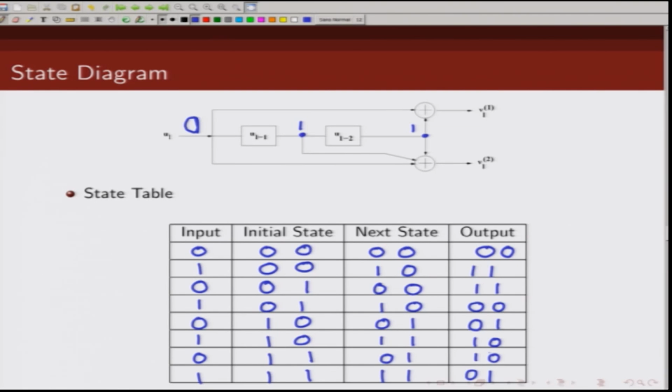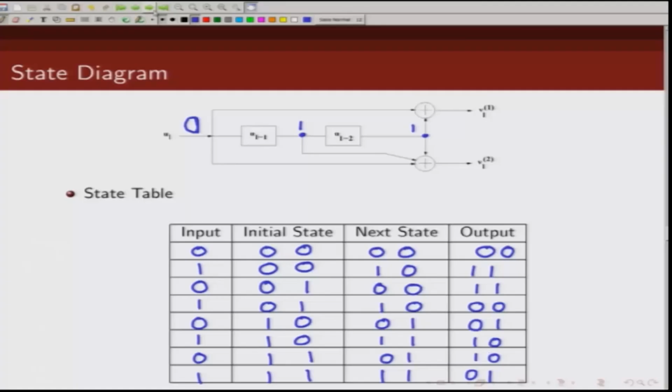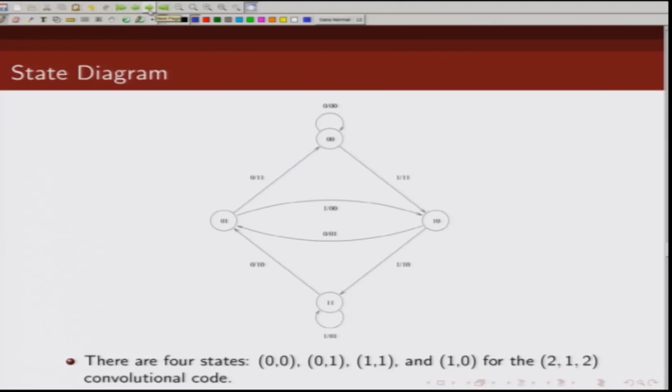Now, what the state diagram does is it represents the state table graphically. And how do we show it graphically? So, we will go back to this. So, note here, we have 4 states 0 0, 0 1, 1 0, 1 1, and we are showing each transition graphically.